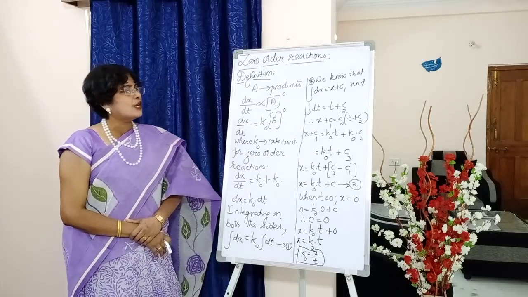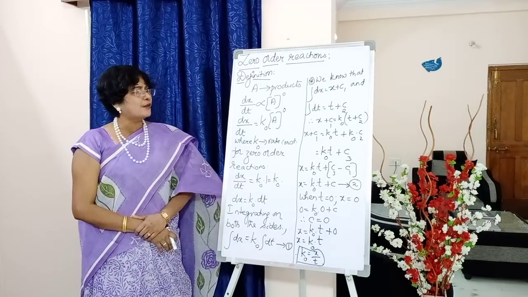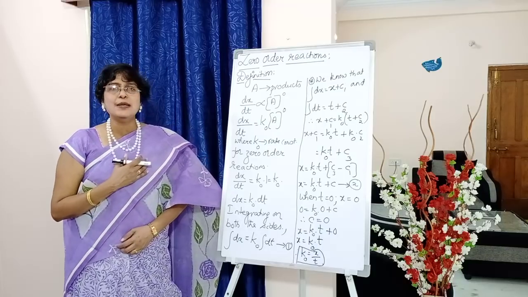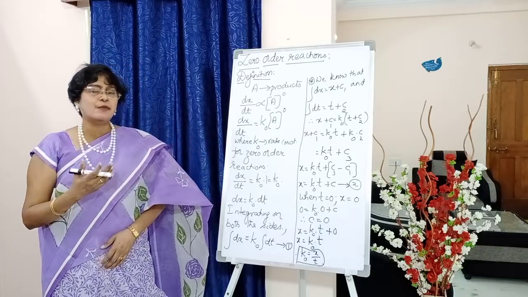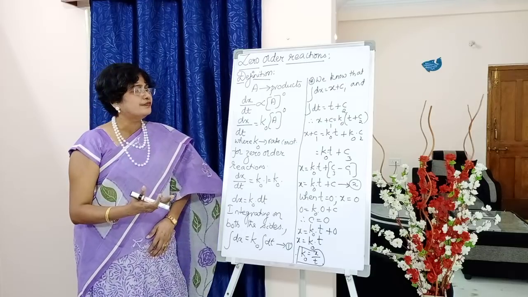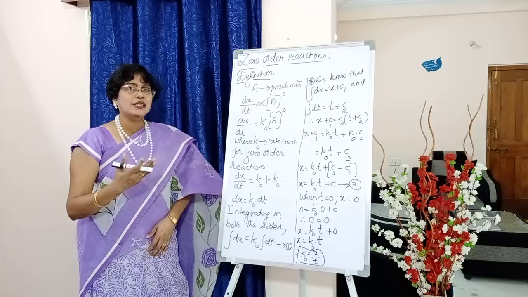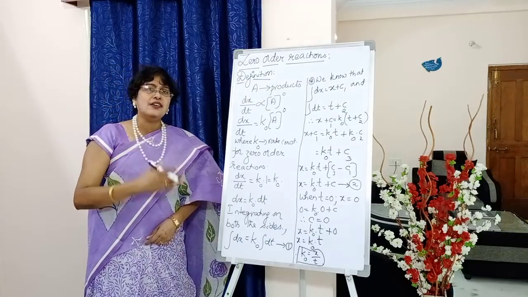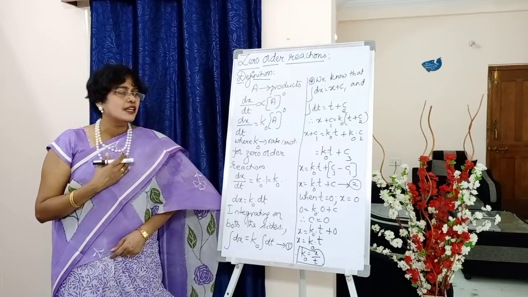X plus C1 is equal to, after opening the brackets, that means multiplying k naught with the t plus C2 which is inside the brackets, k naught into t plus k naught into C2, is equal to k naught into t plus C3. Why? Because k naught is a constant, C2 is a constant.